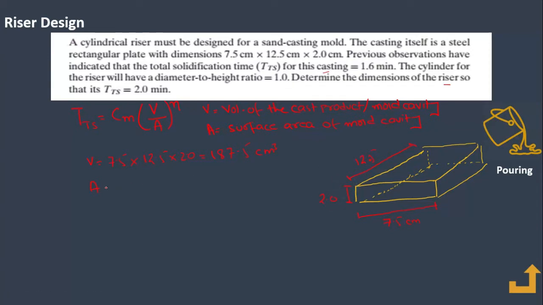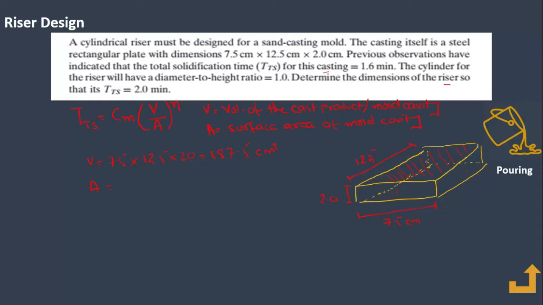Now to calculate the surface area, how many faces do we have? The surface area of this top face, plus the surface area of this bottom face, plus the surface area of this face and this face on the left, and the surface area of this front face plus the surface area of the face at the back.